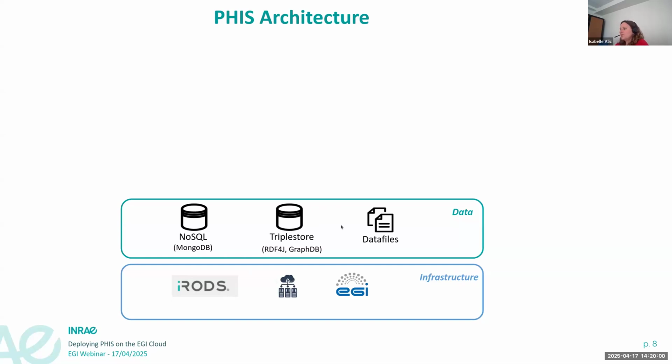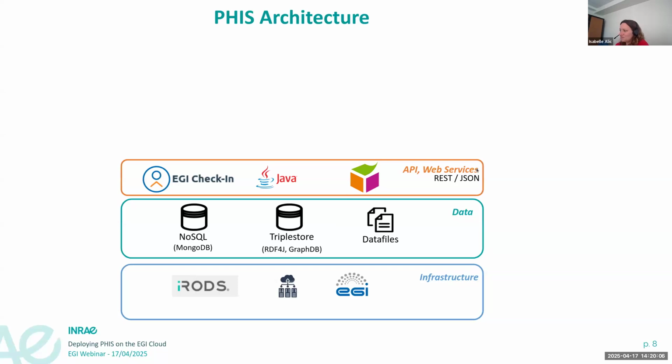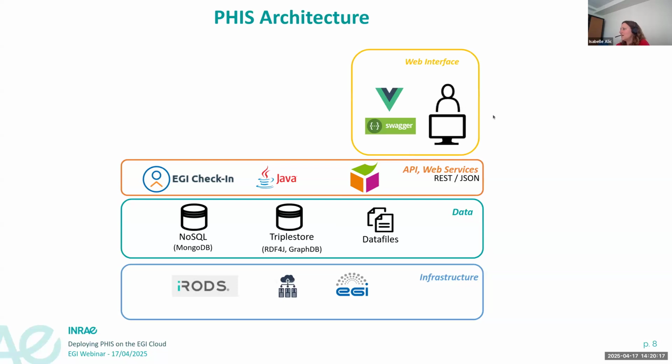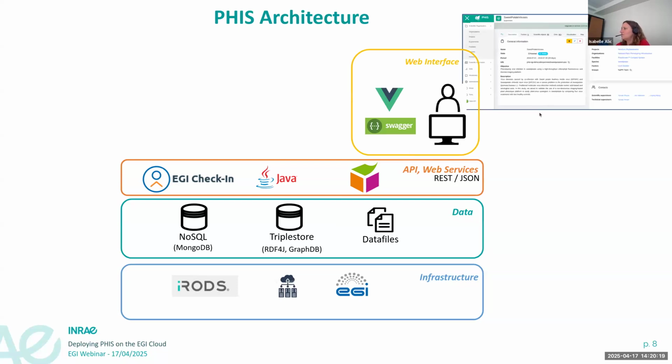But if you are a user, you don't bother with that. You just want to see your data and to declare your data. So that's why we've built an API layer with web services that allow us to connect directly to the web interface. And so as a user, you will just see that, connect to that, and navigate in that.